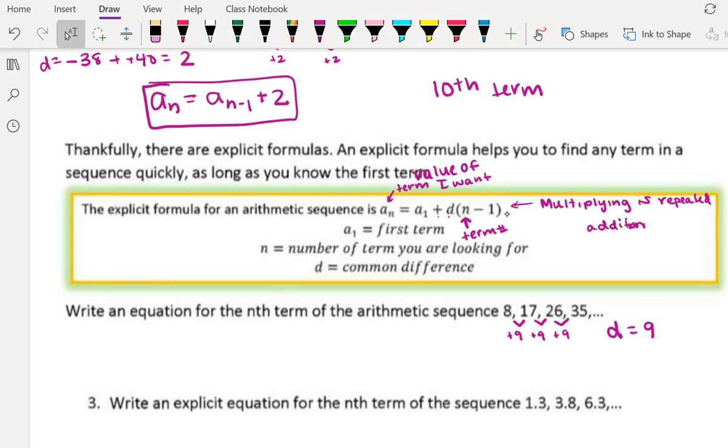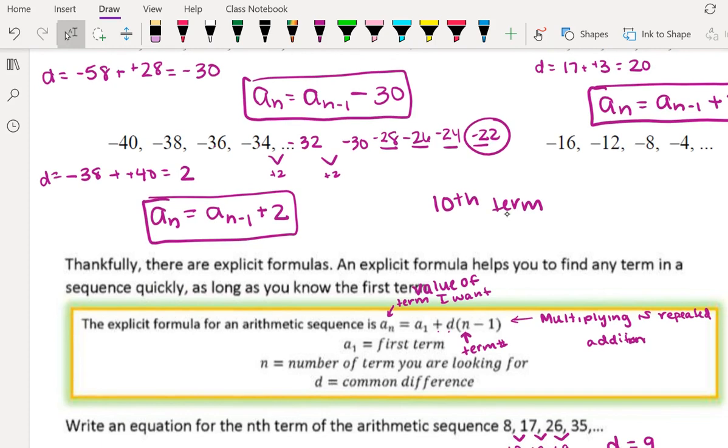Okay, so when I look up here, how many times did I have to add 2 from this value to get to the 10th term? Well, I had to add 2, 1, 2, 3, 4, 5, 6, 7, 8, 9. To get to the 10th term, I had to add 9 times, which is 1 less than what term I was looking for.